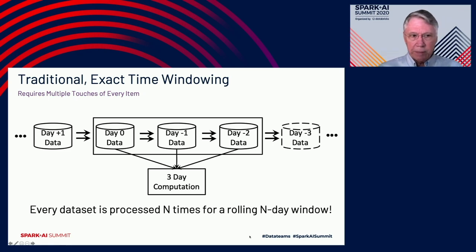But the problem in traditional analysis is that you have to process each data item that many times. So if you're looking at a 30-day window, you need to process that same data 30 times. As each day advances through the window, you've got to combine all the data together again and do your recomputation for the summary for that 30-day window. So this is even more expensive.